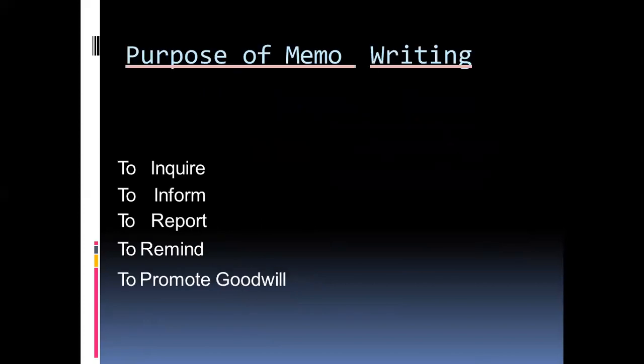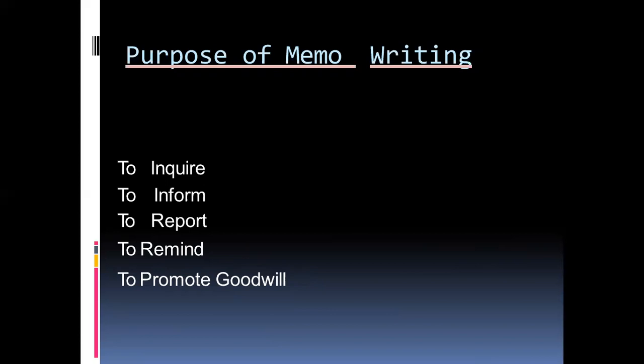What are the purposes of writing a memo? What are the purposes that we need to achieve when we are talking about a memo? It is either to inquire about something, to have information about something, or to inform, to give information about something.